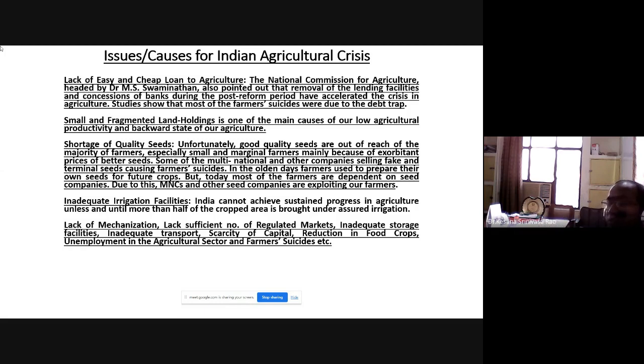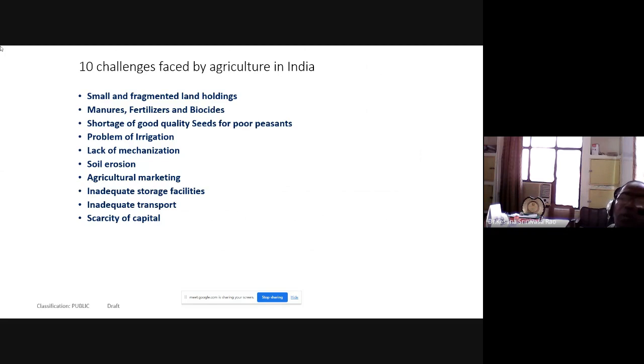From the beginning till today, if we observe, this is the overall Indian agriculture crisis. And the challenges faced in agriculture are these broad things which I have already explained to you: small and fragmented land holdings, manures, fertilizers and biocides, shortage of good quality seeds for poor peasants, problem of irrigation, lack of mechanization, soil erosion, agricultural marketing, inadequate storage facilities, inadequate transport, scarcity of capital.